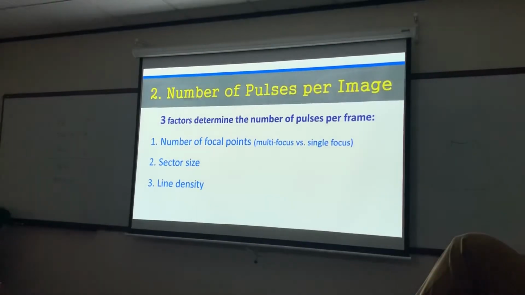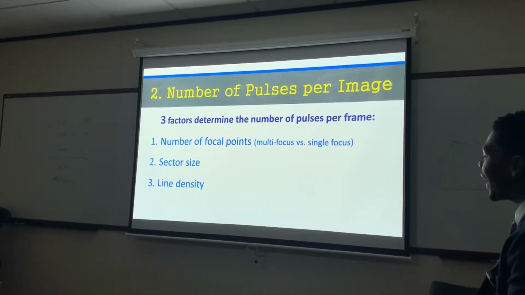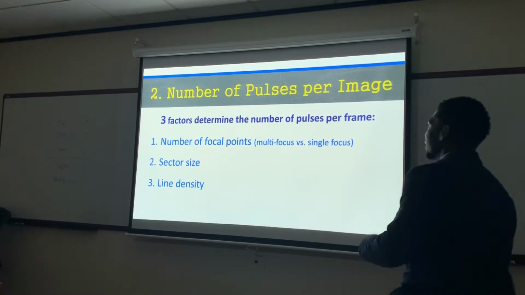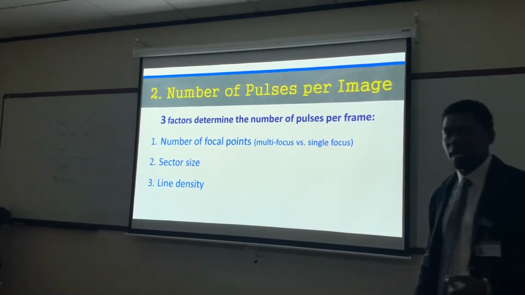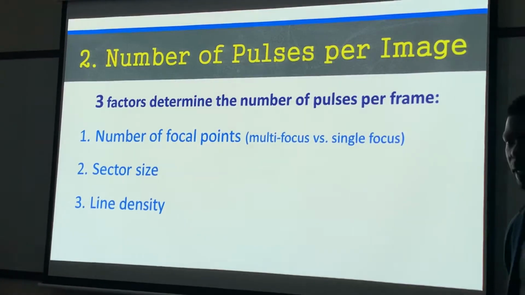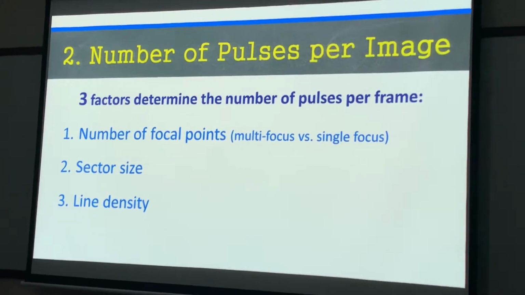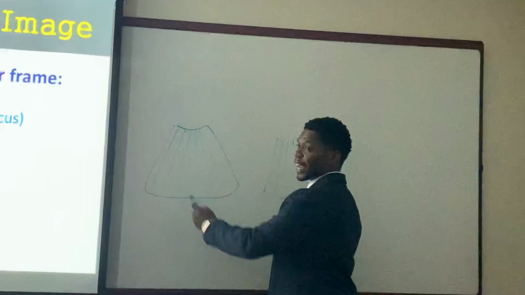Guys, line density. Line density is the third way to change the number of pulses per frame. There's actually a button or a toggle switch on the machine that lets you change the line density. Line density just means the space between these lines. So this space right here, that's our line density.